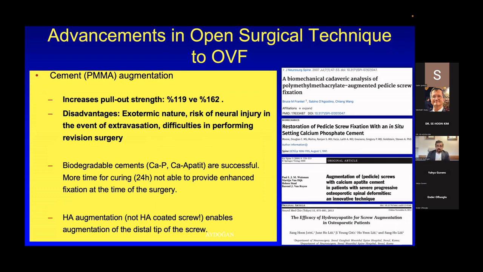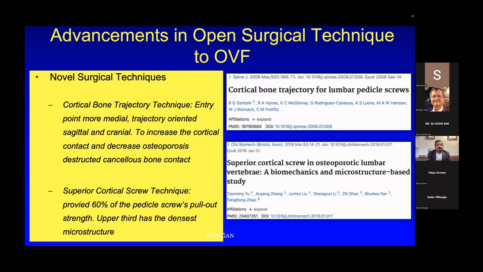During revision surgery, removing bone cement is a really hard topic. And to rule out these kinds of disadvantages, biodegradable cements and hydroxyapatite augmentation can be used, but I don't have any experience with these two materials.